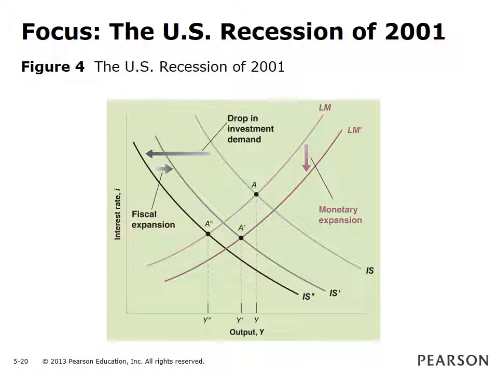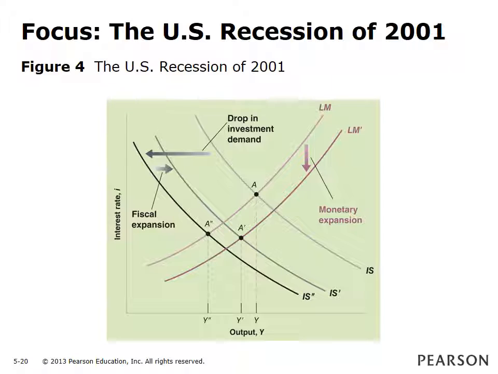Figure 4 is a graphical depiction of the impact of the U.S. recession and the mix of fiscal and monetary measures used to deal with it using the IS-LM model. A fall in investment demand caused the IS curve to shift to the left from IS to IS double prime. Expansionary fiscal policy shifted IS double prime to the right to IS prime.